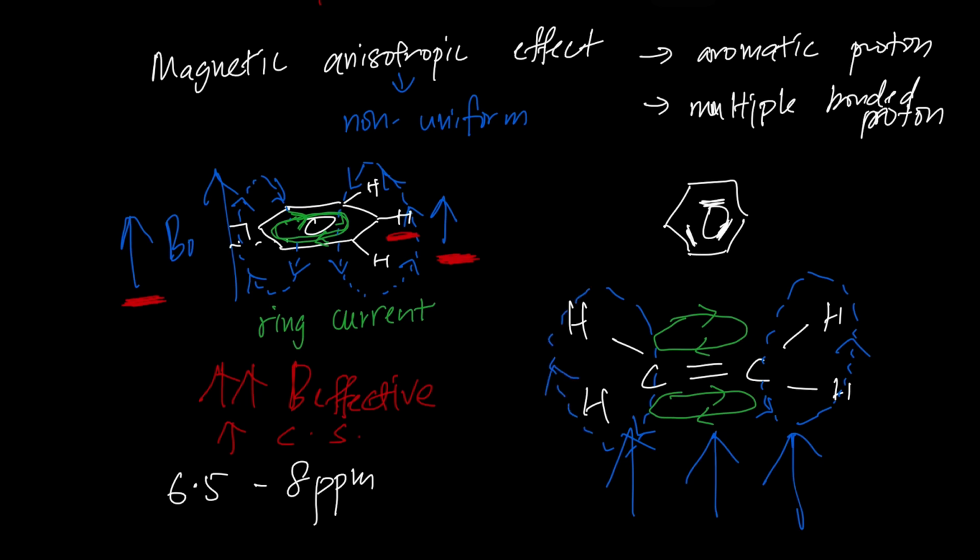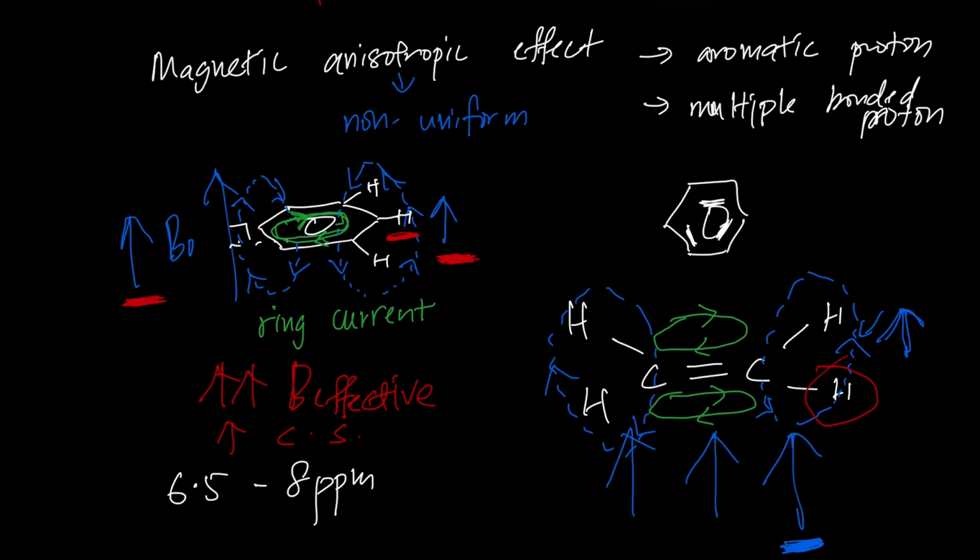So now you see the proton experiences a greater effective magnetic field, because now you have the external applied magnetic field in this direction, and also the secondary magnetic field generated by the pi electron is also in this direction.